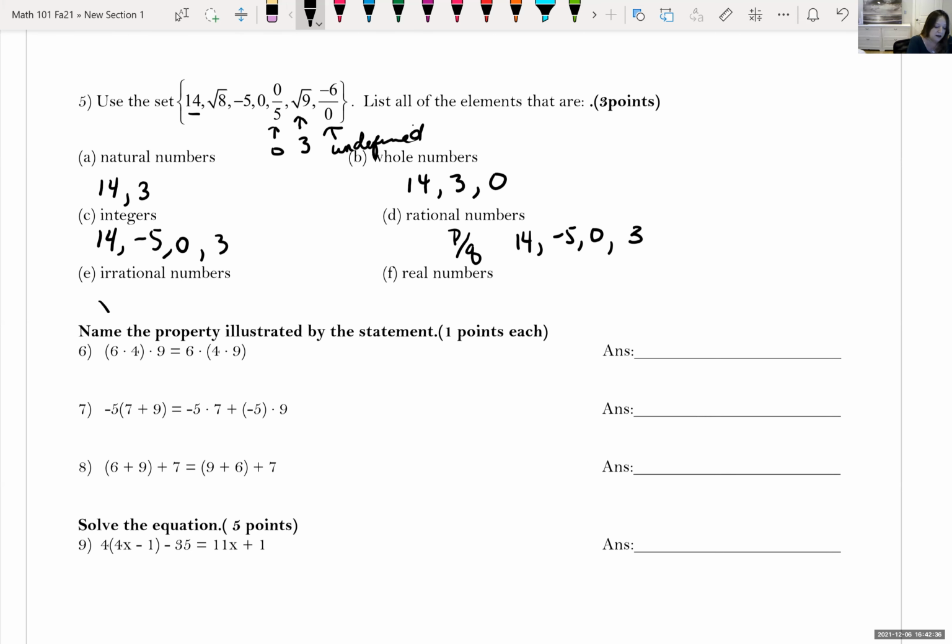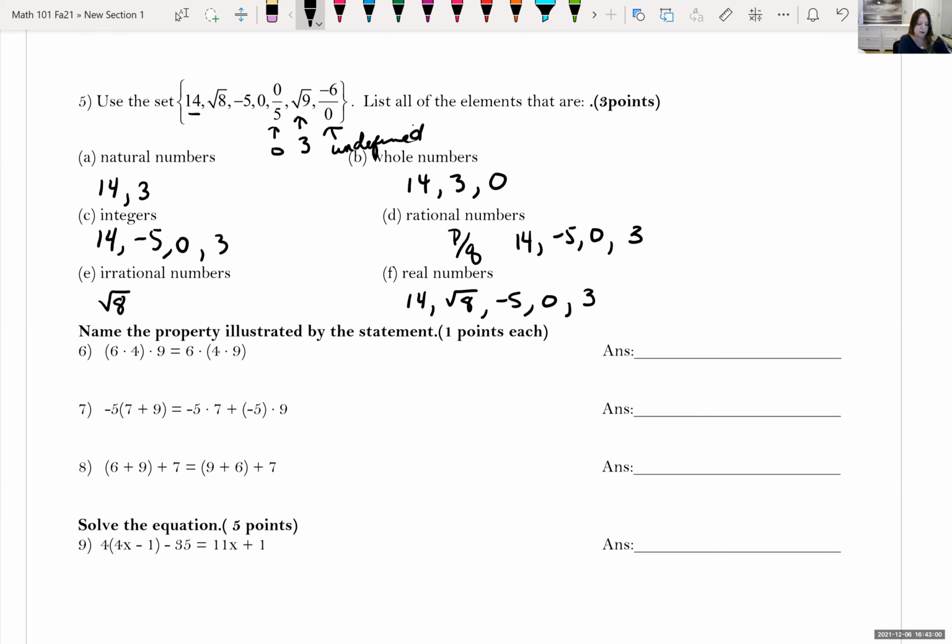Square root of 8, and that's the only one. And then real numbers, these are all real numbers except for that one that's undefined. So 14, square root of 8, -5, 0, and 3.